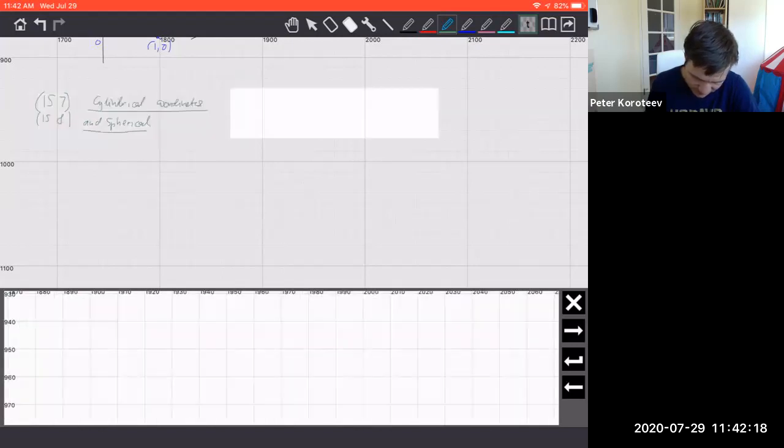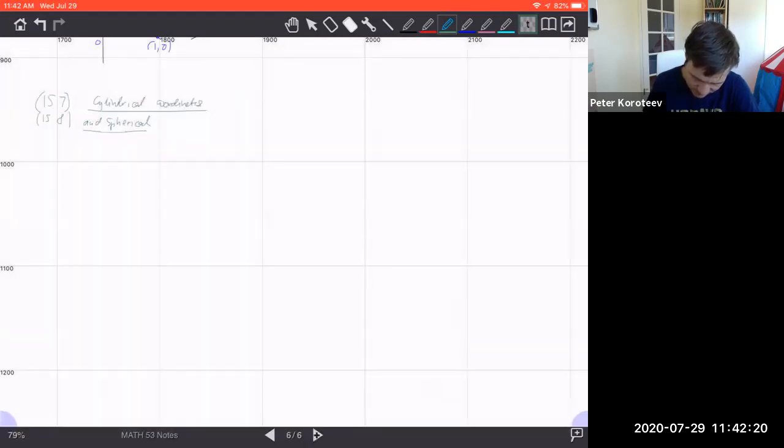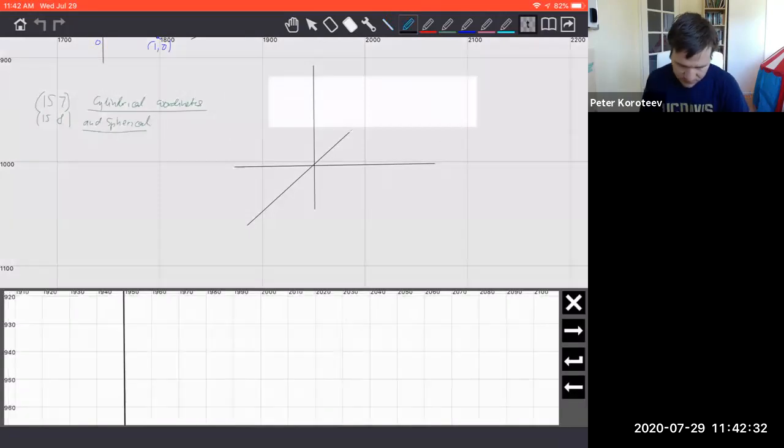So as the name suggests, cylindrical coordinates work like this. When your problem has a certain cylindrical symmetry, then it makes sense to switch to them. These two systems are three-dimensional generalizations of polar coordinates. And then cylindrical coordinates work like this.